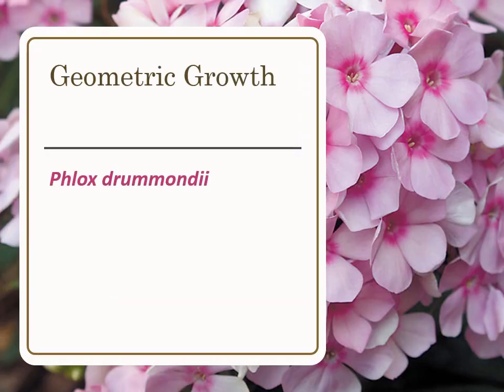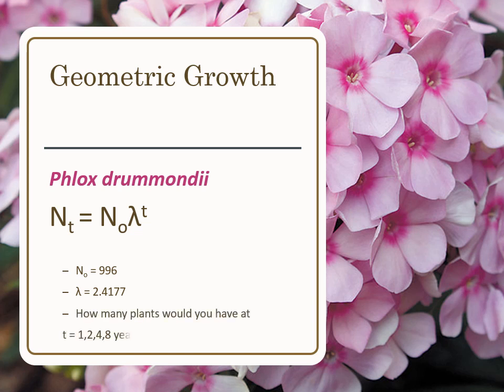So when we were talking about this before, we had this really pretty phlox plant that produced lots and lots of seeds. And so if we started with 996 individuals, which were the seeds in the first year, and we knew that the geometric rate of increase was 2.4177, you could predict how many plants you'd have at the different time intervals. And we worked through this last time.